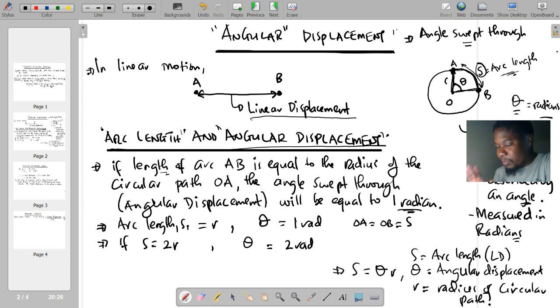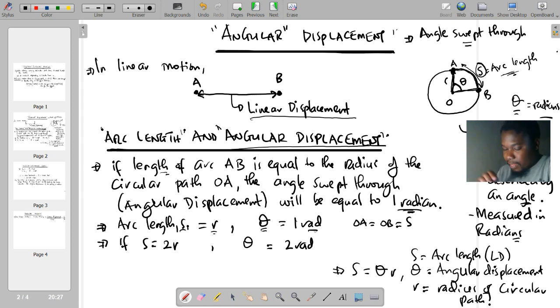It's very important because this is foundational to what we're going to look at. So if arc length S is equal to the radius of the circle, or the circular path, the angular displacement at that point is 1 radian, abbreviated by rad, okay?